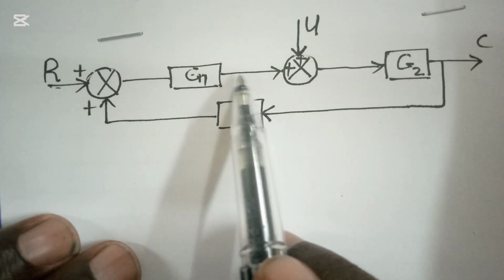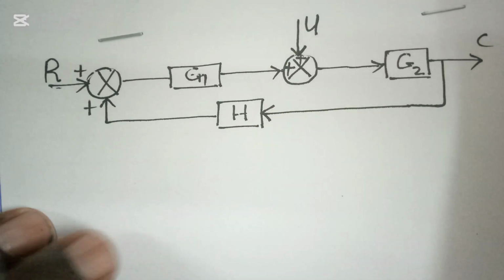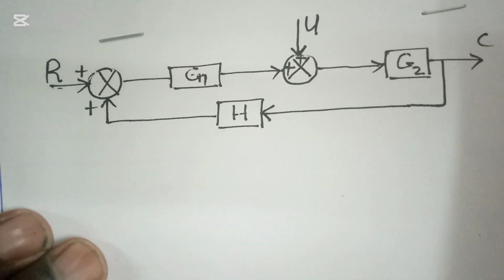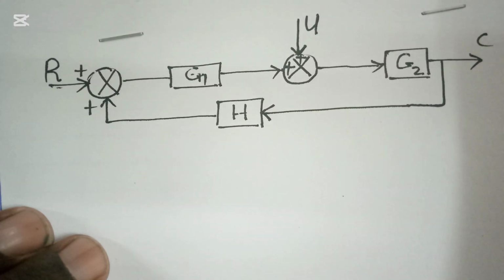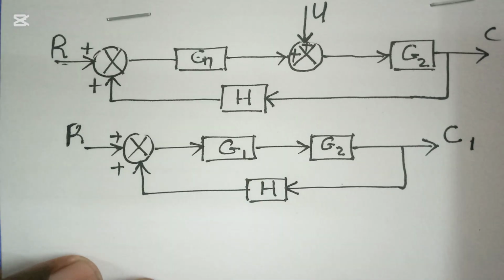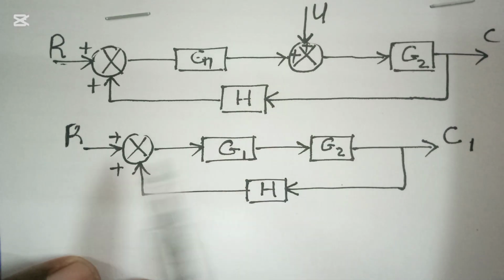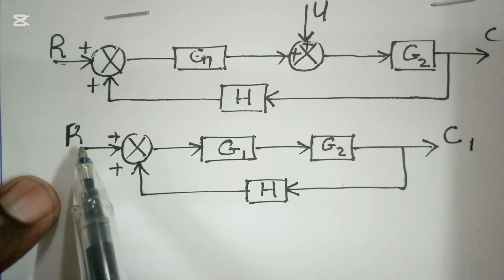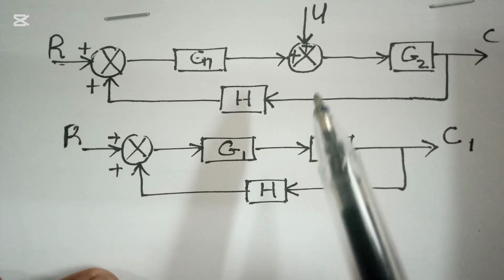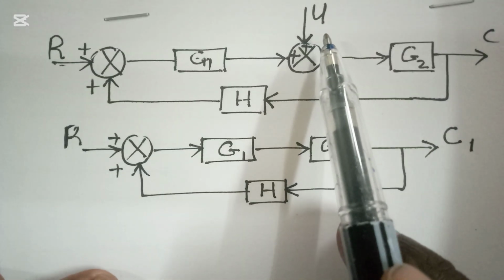So we are going to eliminate this one first and take up R first. Let me draw the diagram offline and then we continue. So guys, this is the diagram. I've eliminated U first. I first of all take the input R. So U is considered as 0 at this point.